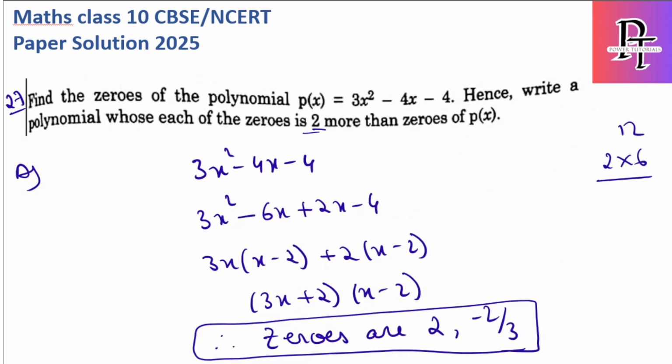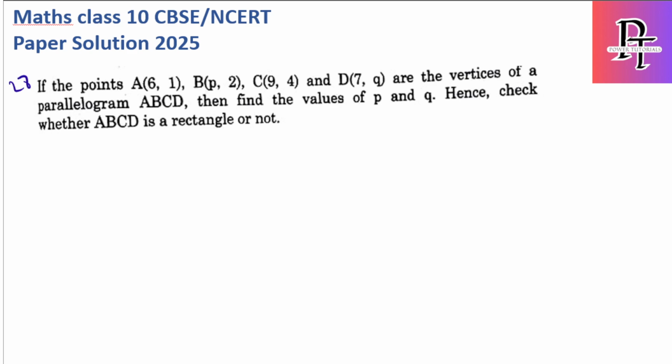27th is done. 28th question. The points A, B, C, D are the vertices of a parallelogram ABCD. Then find the values of P and Q and hence check whether ABCD is a rectangle or not. Okay, so this is related to the coordinate geometry chapter.